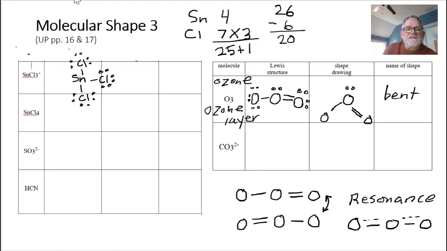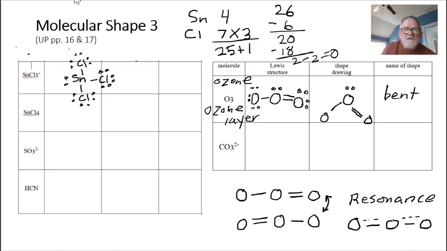That's 6 more that I've used up. So in total, to stabilize these chlorines, I've used 18. Notice that I have 2 left. Now, notice that the tin in the center still needs 2 more. So I'll put them there, and there we go. And we're done.